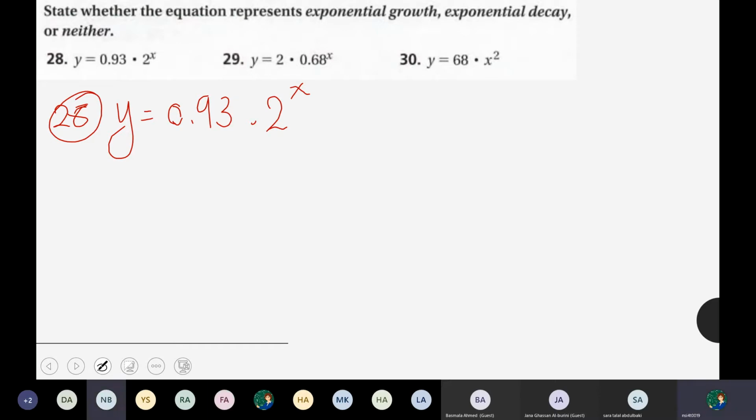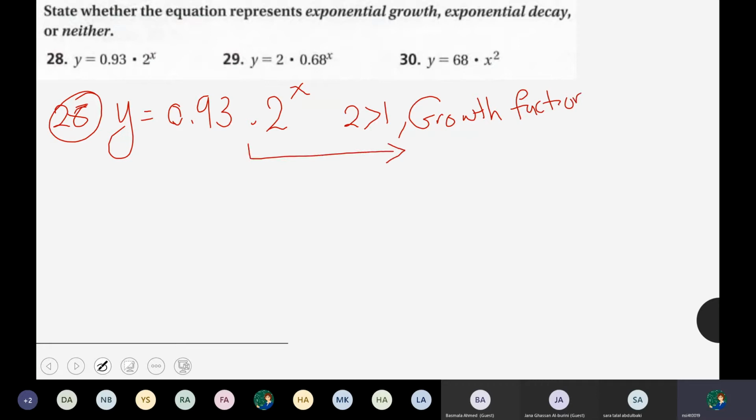It is 2. Is it greater than 1 or less than 1? Greater than 1. So, because 2 is greater than 1, I will say it's a growth factor. So this function will be an exponential growth.